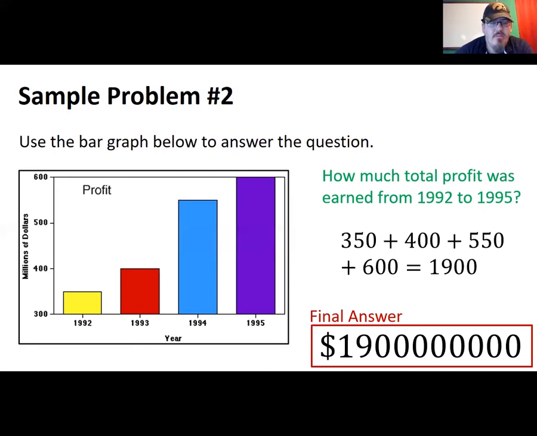So just be really careful when you see problems like this, and especially when they have a scale that is scaled a little bit differently in terms of what the label is and what the numbers are that are actually provided in the visual. So just be careful. But basically, that's it. Again, there's lots of different types of questions you could potentially answer. These are just two sample problems that you might encounter.